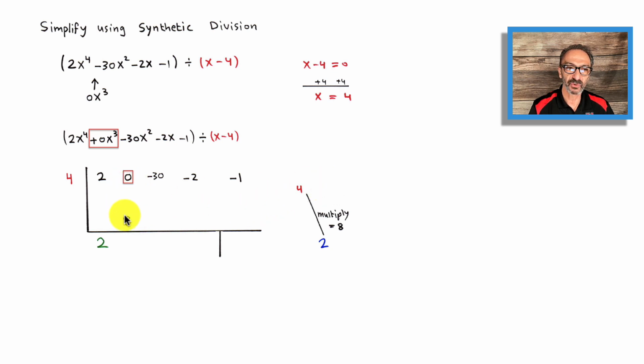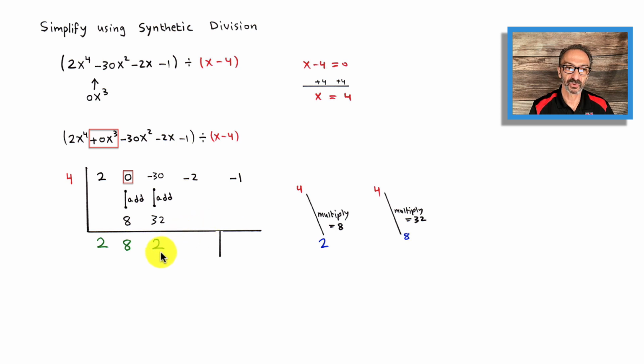Then we add 0 plus 8, which is 8. We repeat the process. We multiply 8 times 4, which is 32. We put the 32 under the negative 30. We add negative 30 and positive 32 is 2.